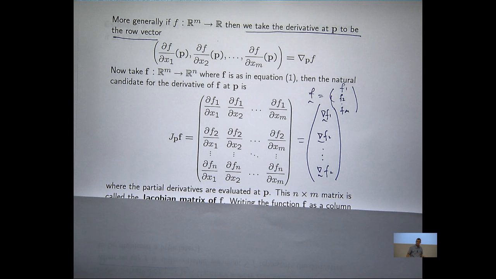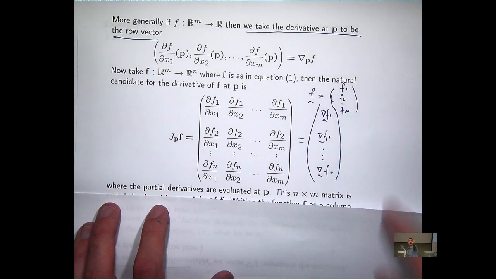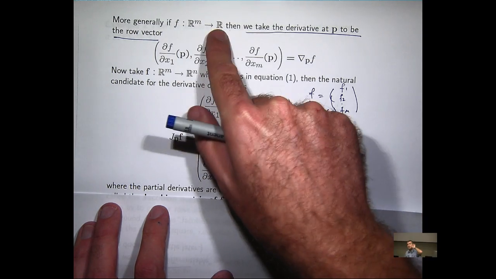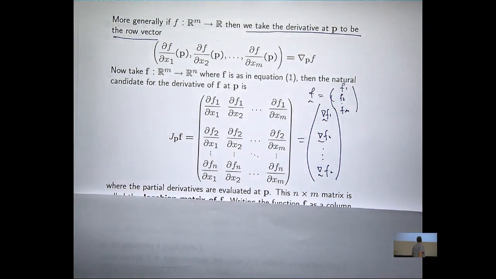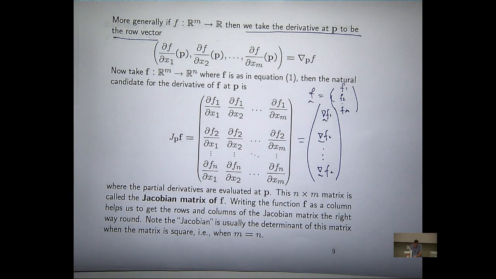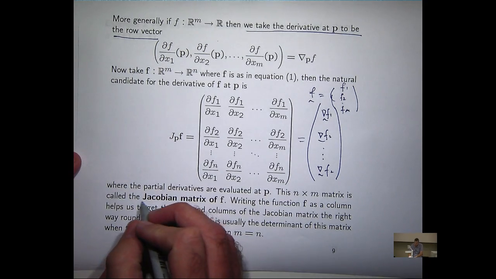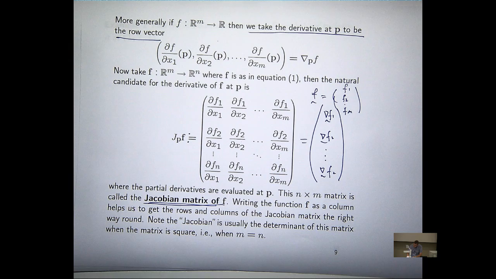Now that's a lot to take in. But hopefully you can see where this is being built from. It's just built around this, really. So instead of just one function, you've got all these other component functions. And we call this matrix the Jacobian, named after a mathematician and physicist, I think, Jacobi, right?